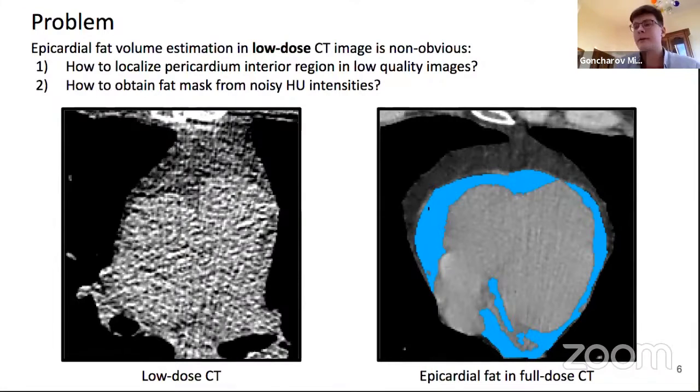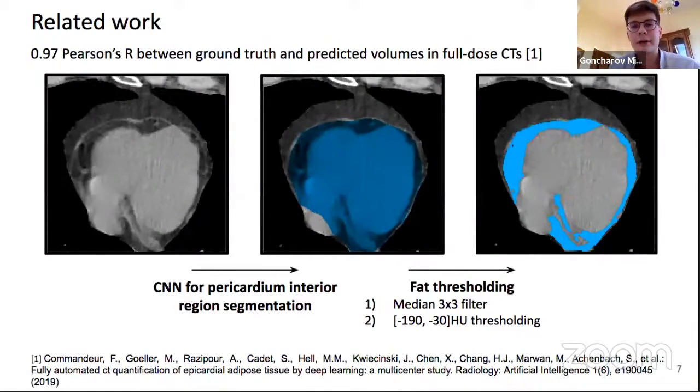Previously, a 2-step method was proposed for epicardial fat volume estimation in full dose CT images. At the first step, the pericardium interior region is segmented using a convolutional neural network, and at the second step, the CT image is filtered via a median filter, and then the fat mask is obtained by thresholding the Hounsfield units.